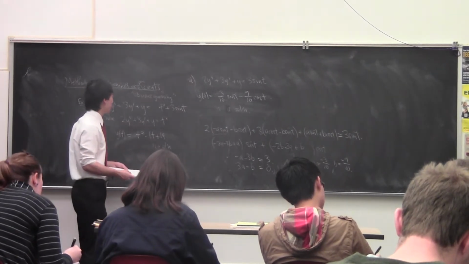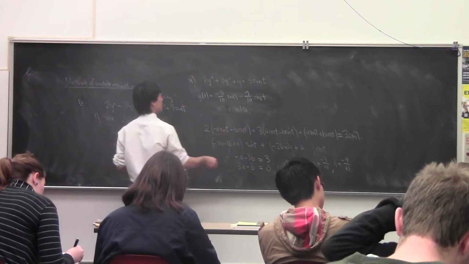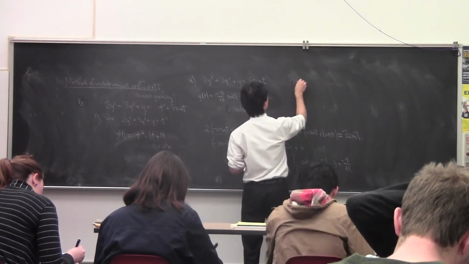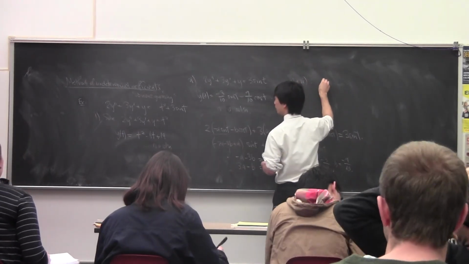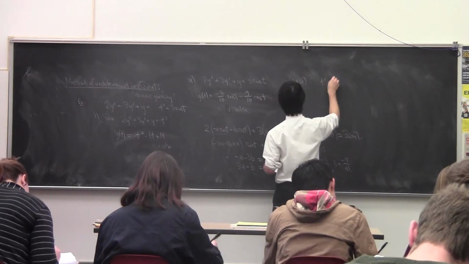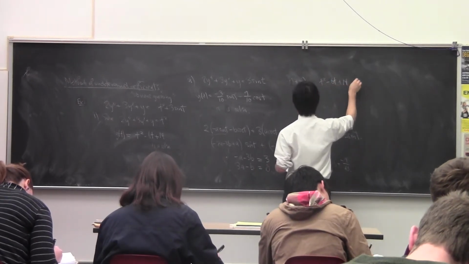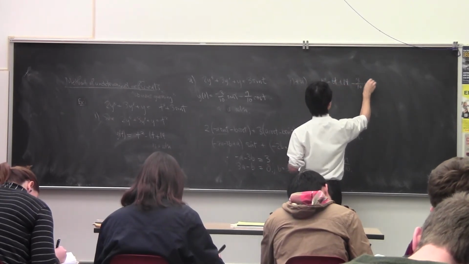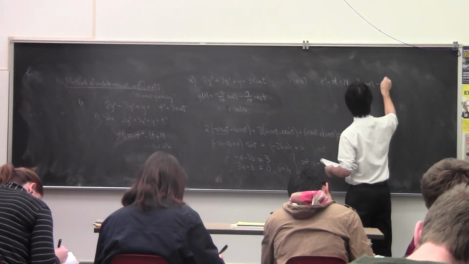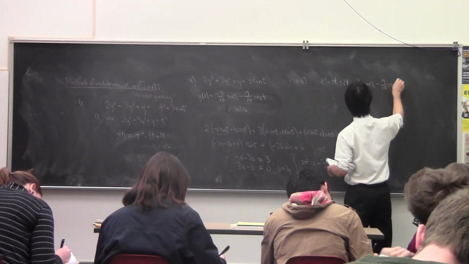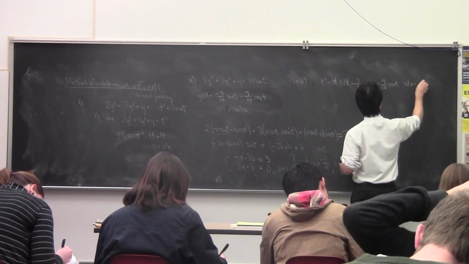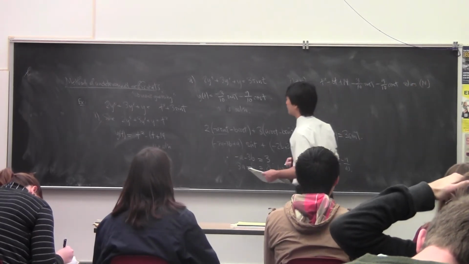Okay, and so putting those together, 1 and 2, gives us that t squared minus 6t plus 14 minus 3/10 sine t plus minus 9/10 cosine t solves the non-homogeneous problem.